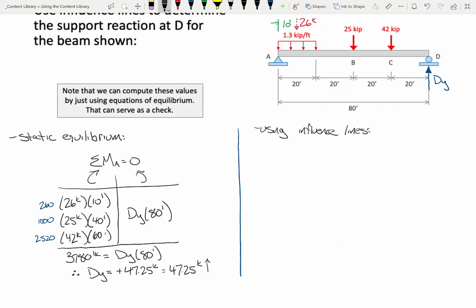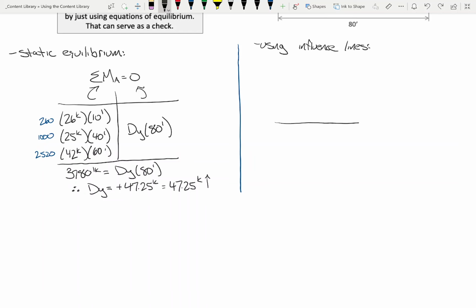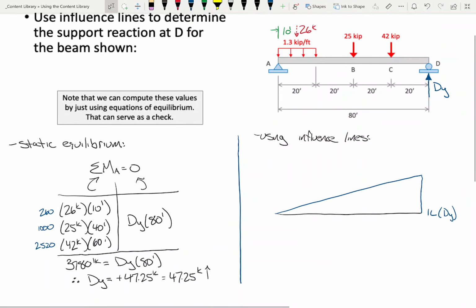So if I were to draw the influence line for Dy, I'm going to scroll this up a bit so I can draw that neatly. That's going to be the influence line for Dy. Notice how I drew this beam, and I did this on purpose.